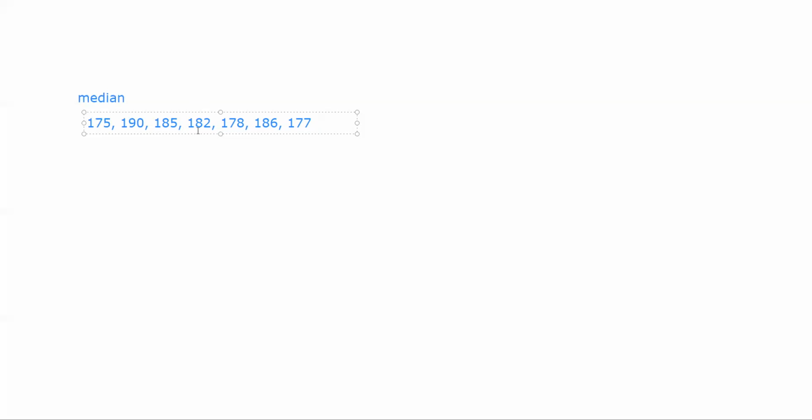So we can say that the median is 182, but by definition it is correct, but for this data set it would not be true, because to find the median, we have to either arrange the data in ascending or descending order.